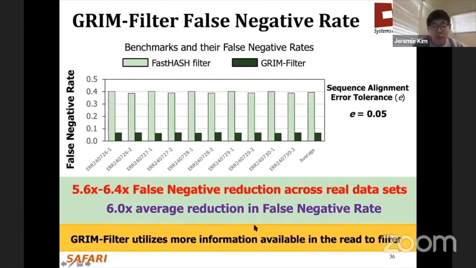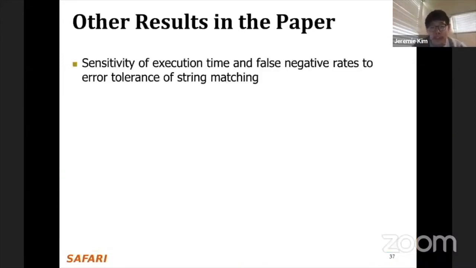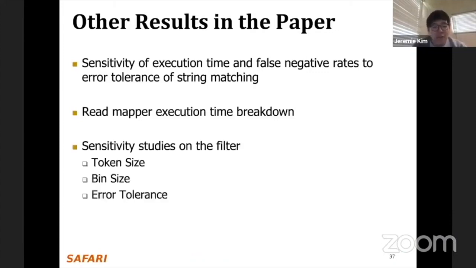GRIMFilter utilizes more information available in the read to filter, because we're extracting overlapping tokens, whereas a lot of places don't use the overlapping information, and so throw out a lot of information that might be there. There are a bunch of other results in the paper, such as sensitivity of execution time and false negative rates to error tolerance of string matching. We look at the ReadMapper execution time breakdown, and we look at sensitivity studies on the filter for the different parameters like token size, bin size, and error tolerance.